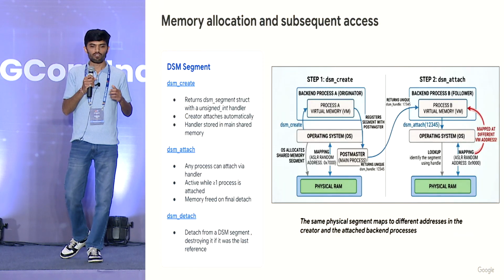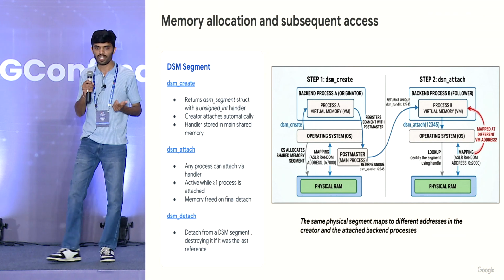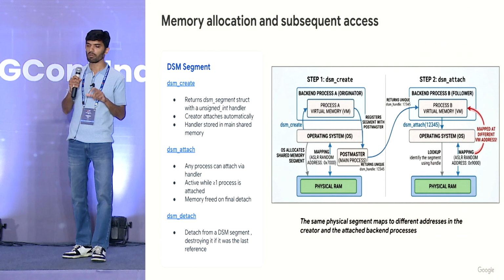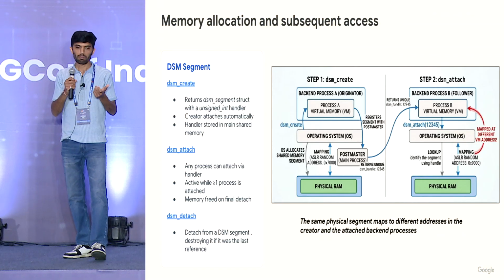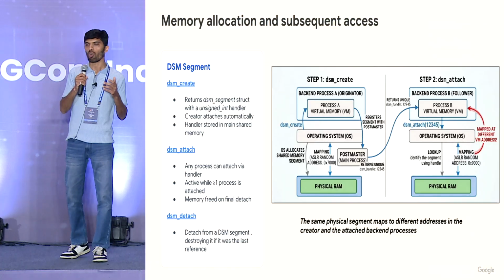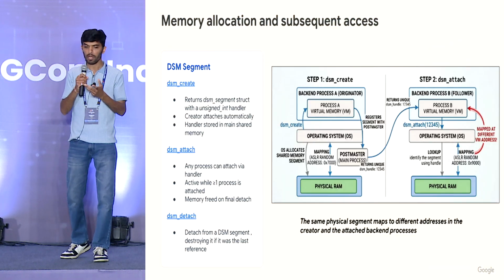What the OS will do internally is, based on the implementation type, as we saw in the last slide, the default implementation type for dynamic shared memory is POSIX. So it will use that, if that is the OS, to use the lower-level operating system call to actually create the shared memory in RAM.